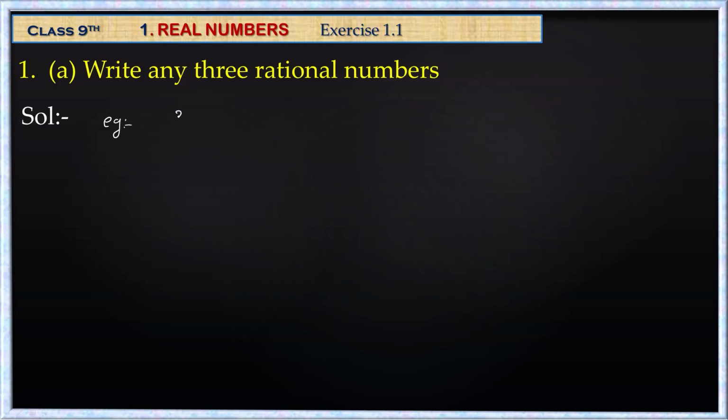For example, 2 by 3 is a rational number, 5 by 4 is also a rational number. We can take negative numbers, minus 7 by 2 is also a rational number. We can give so many examples.